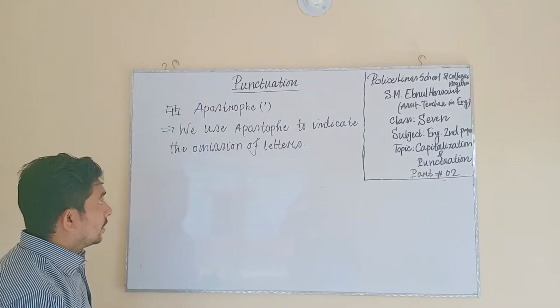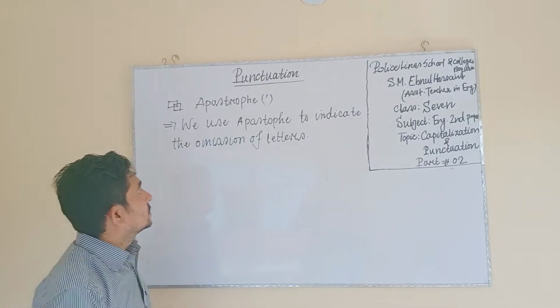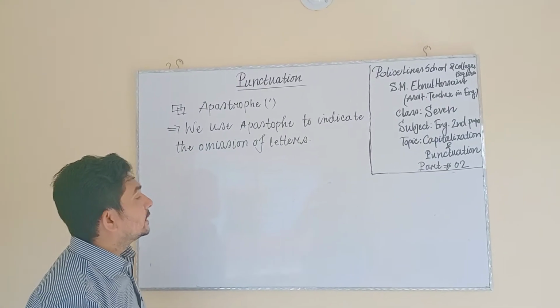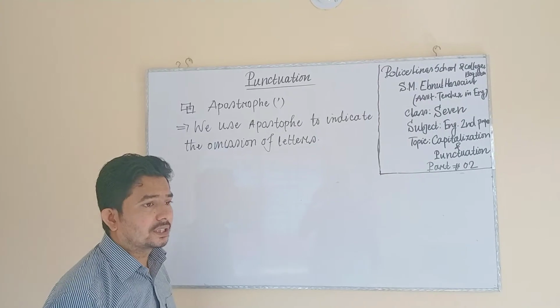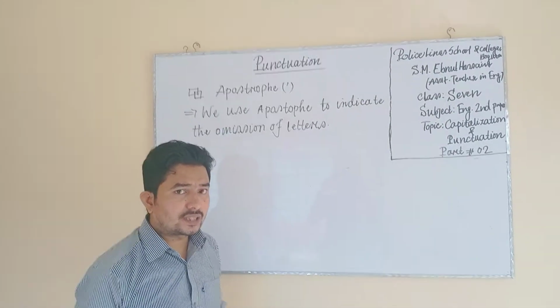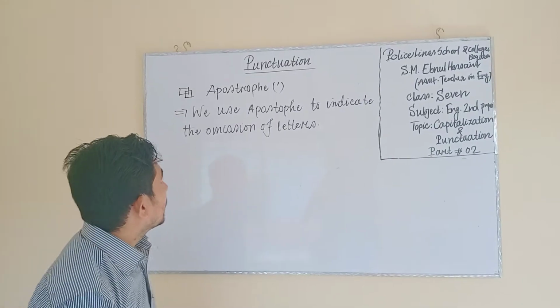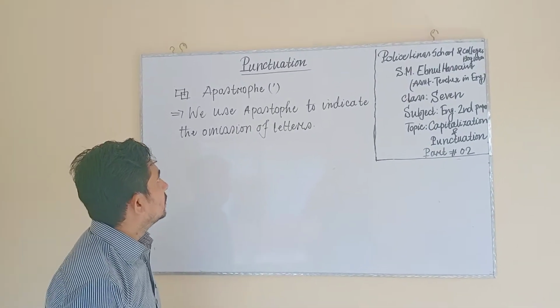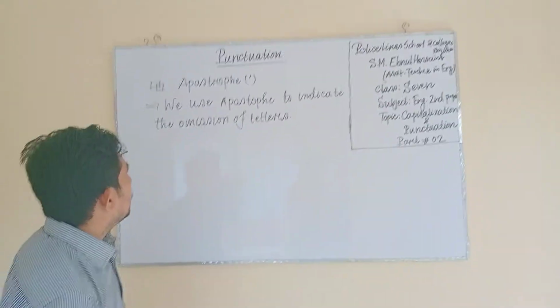That means in English sometimes some letters are omitted, and in this way the expression is contracted. So apostrophe is used here to indicate the omission of letters.